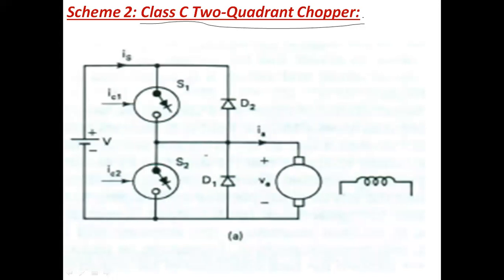If you want to change from motoring to reverse regenerative braking, or from regenerative braking to motoring, it should be smooth. So for such applications, we are using class C chopper, as shown in the figure.